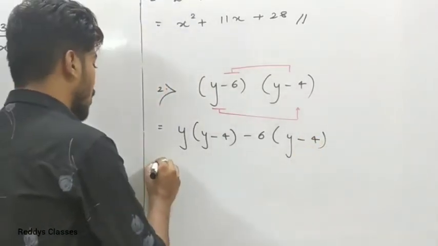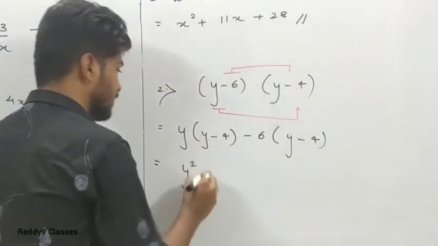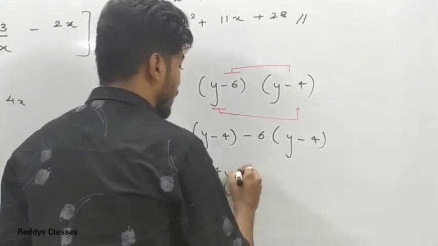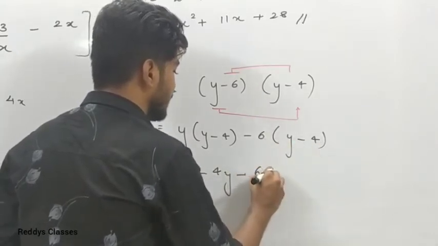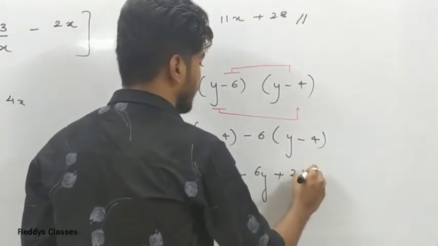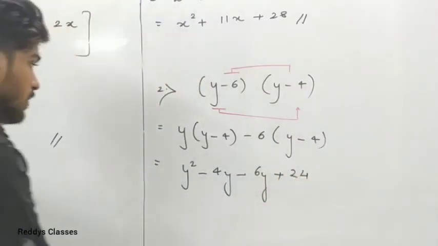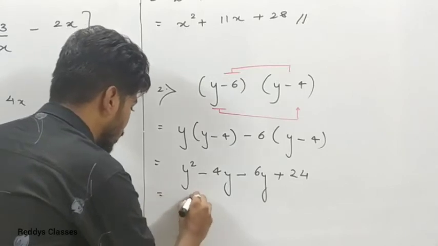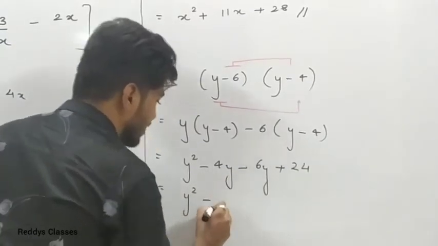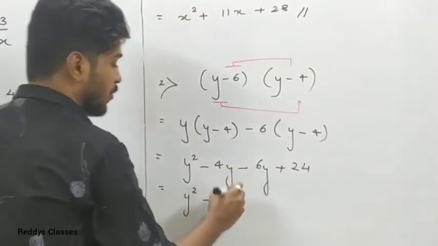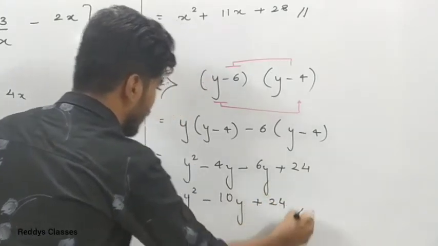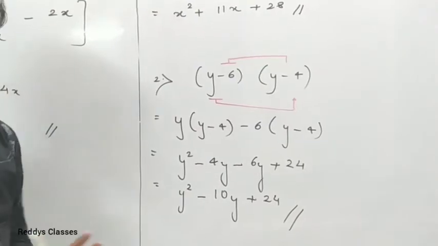So, y into y is y square, minus y into 4 is 4y, minus 6 into y is 6y, plus 6 4s are 24. So, y square, minus is plus, but the bigger value is 6. It has this minus sign. Let us use the same sign. Minus 6 plus 4 is 10. 10y plus 24. Here we go. We have this equation here.